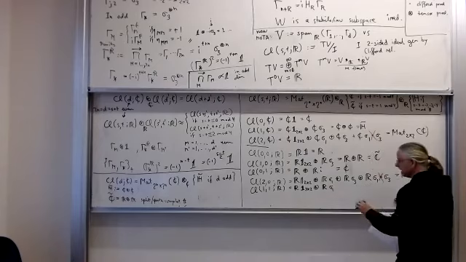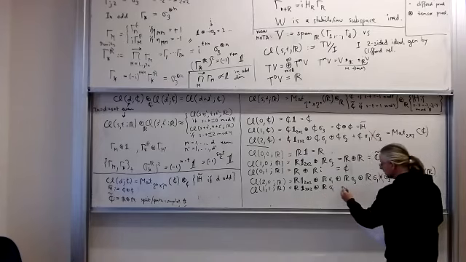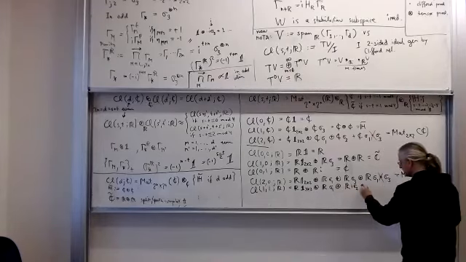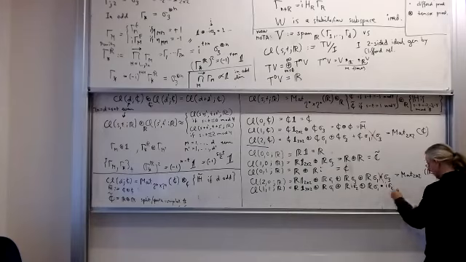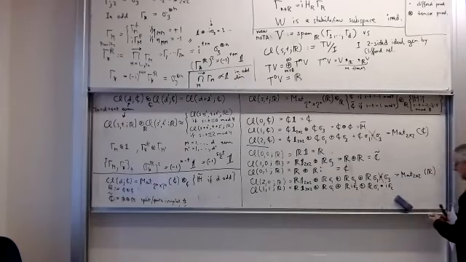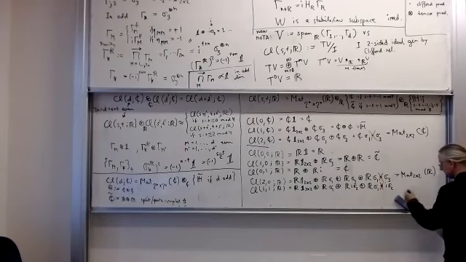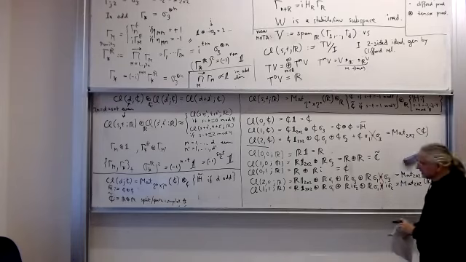And in this case, I need a minus, so I'm going to use I sigma 2, plus R, and then I get R sigma 1 dot I sigma 2. For the same reasons I can remove the dot, and I see that this is just 2 by 2 real matrices. So that is the same.